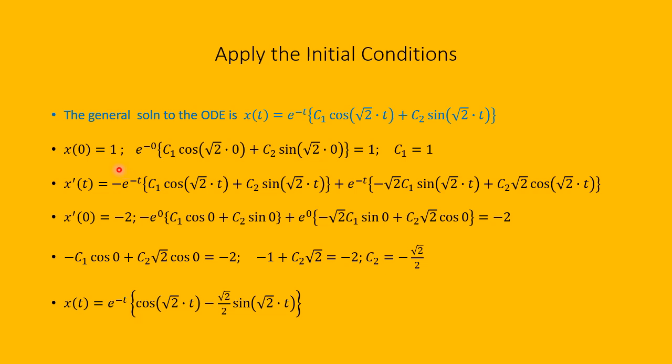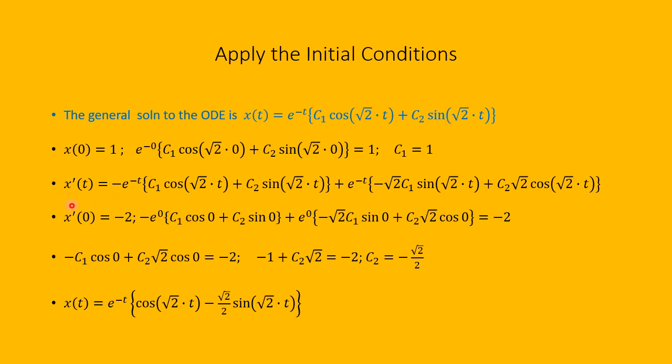Okay, now to work with the second initial condition, we have to find x prime of t. X of t is given to us up here, so differentiate it term by term using the chain rule when necessary.